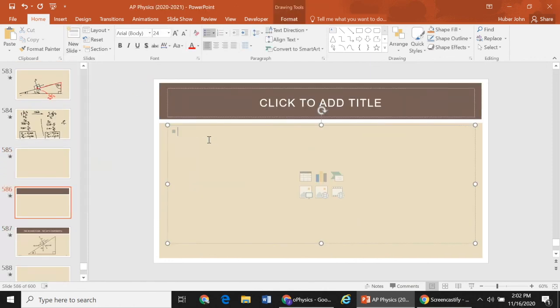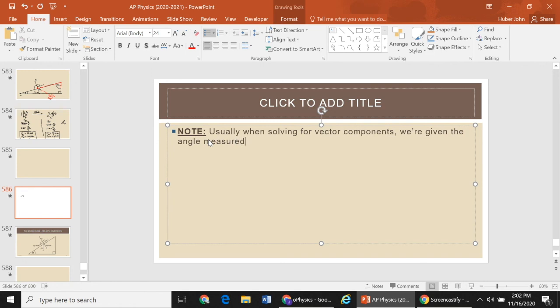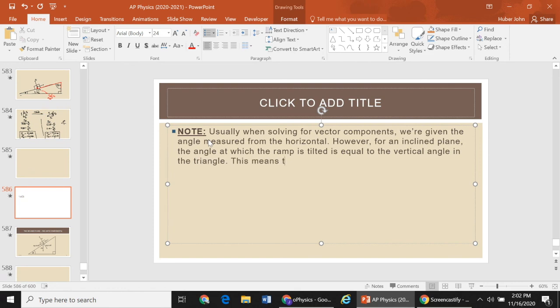And so we'll say here, note, usually when solving for vector components, we are given the angle measured from the horizontal. However, for an inclined plane, the angle at which the ramp is tilted is equal to the vertical angle in the triangle. This means that the sine and the cosine switch in the component equations for an inclined plane.